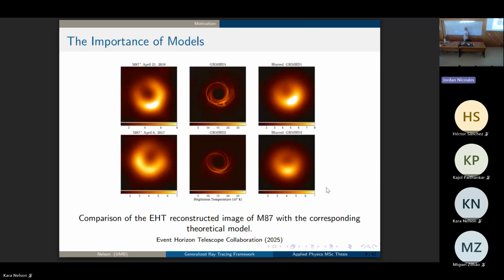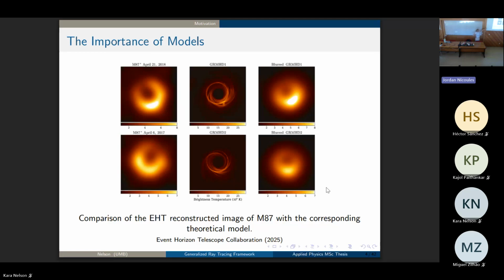As we know, models are incredibly important. We use models to tell us what we're looking at in an image. Here we have a model of M87, showing our model versus the actual image that we got. So having not only robust, but a variety of different types of models is really important to understand the image that we're looking at.